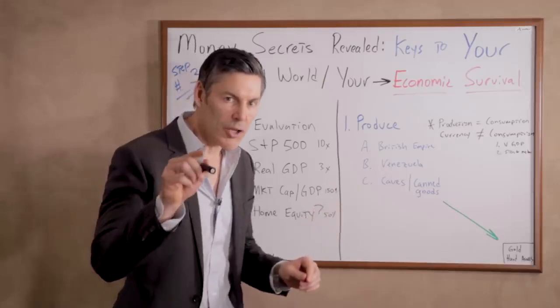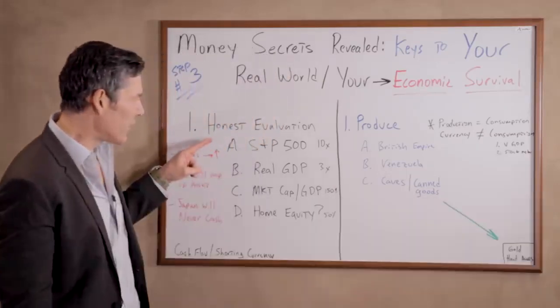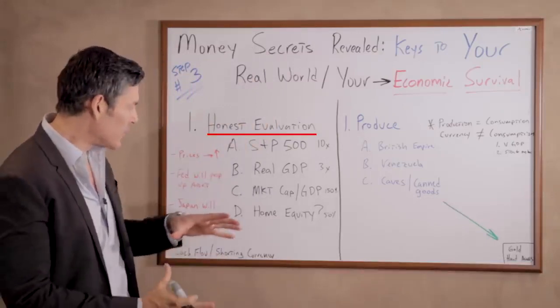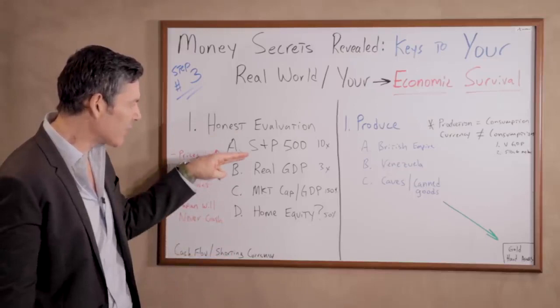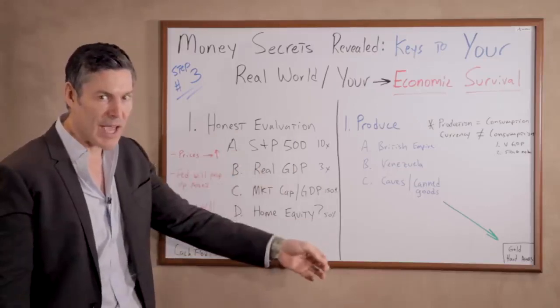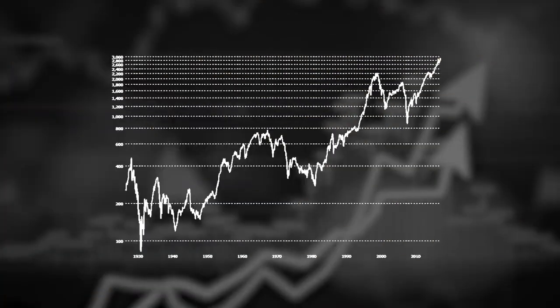Now let's explore your economic survival guide. It starts with an honest evaluation of your assets and your portfolio. If you have stocks in the S&P 500, you've got to go back to 1980. Editor, let's pull up the chart right now. You'll see that the S&P 500 since 1980 has gone up 10 times.